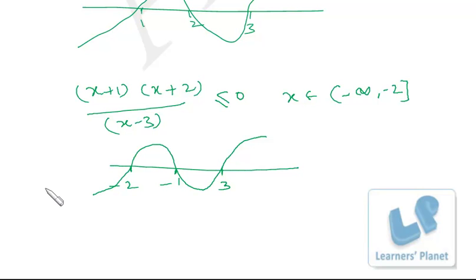So from minus infinity to minus 2, this entire expression will be negative. Similarly, I will put a union over here, and minus 1 to 3, this expression will be negative. So in this entire range and in this entire range, the expression will be negative. Okay, so I hope you are getting it.